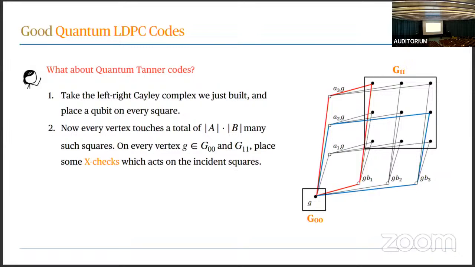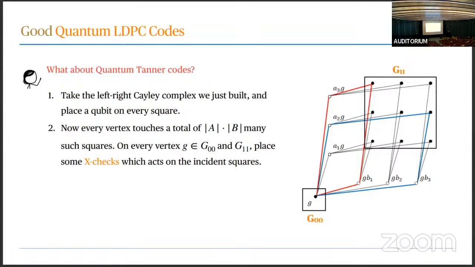Okay. And how I'm going to build the code. So I told you what the qubits are. I should tell you where the checks are. And the checks in the quantum Tanner code are, well, I won't go into the details of how they're selected, but essentially for each vertex G, you look at its local neighborhood, which has a bunch of qubits. And what you would do is design a set of X checks, which acts only on the qubits in its local neighborhood. This is very important.